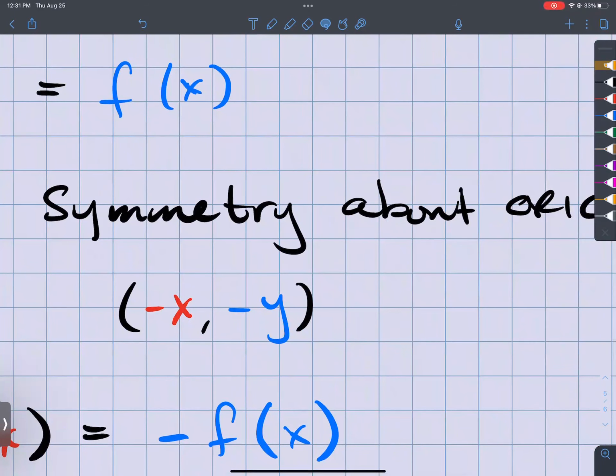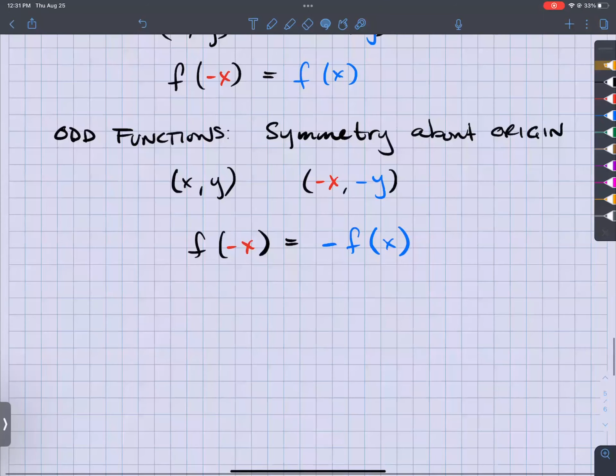Once I show you how to determine if a function is even or odd, you might not care about what I just wrote. Is that fair?